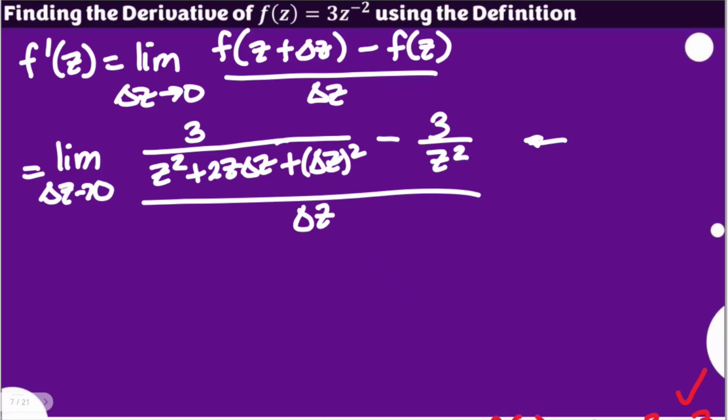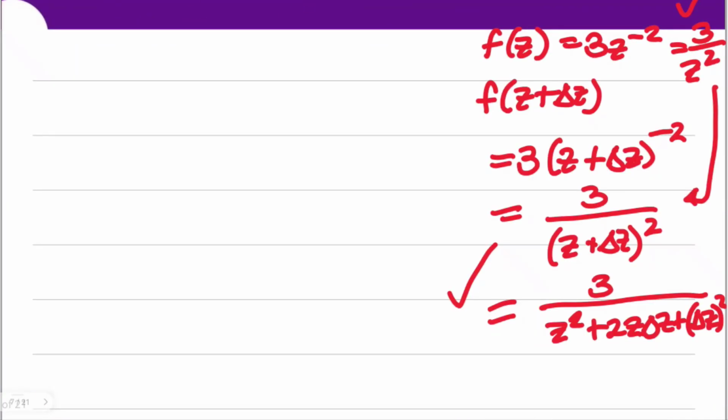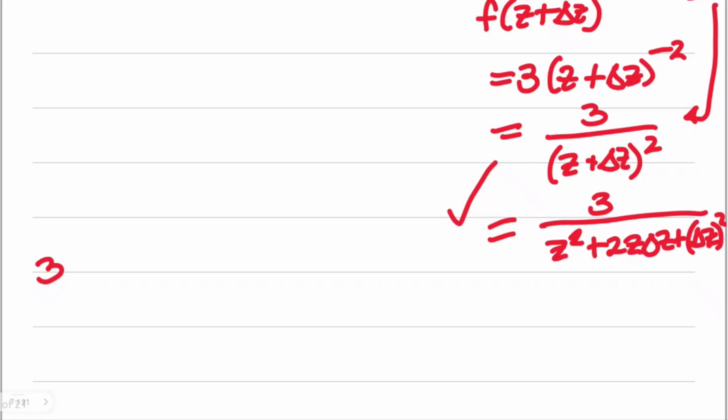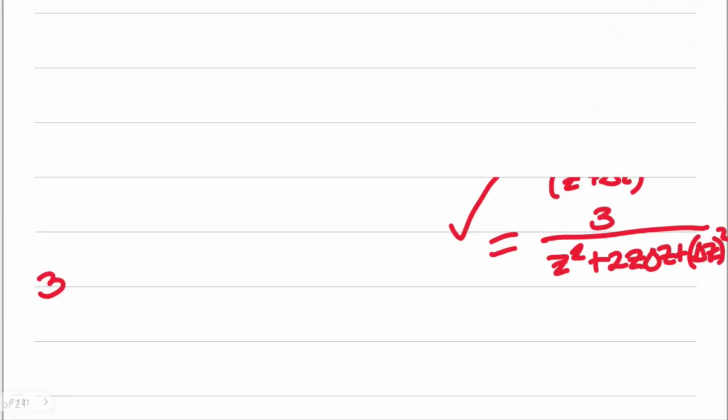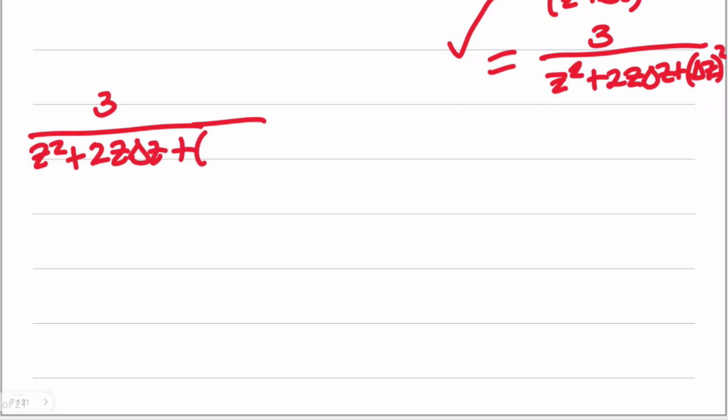So let me use again the scratch portion at the bottom. Let us combine the numerator alone. So let me redo it here. 3 all over z squared plus twice z delta z plus the square of delta z, minus 3 over z squared.